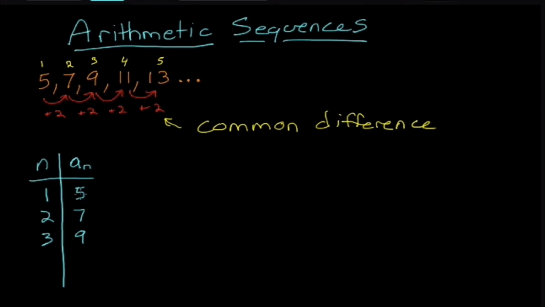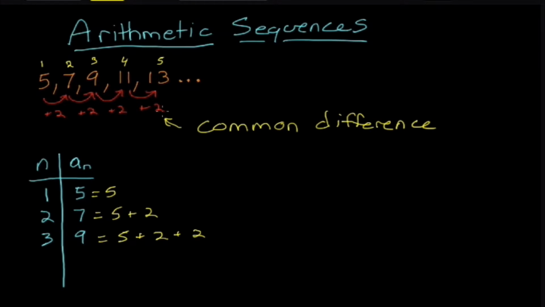So one way of looking at this is 5 is equal to itself. We know that 5 is equal to 5. We can also say that 7 is equal to 5 plus 2, and 9 is equal to 5 plus 2 plus 2.